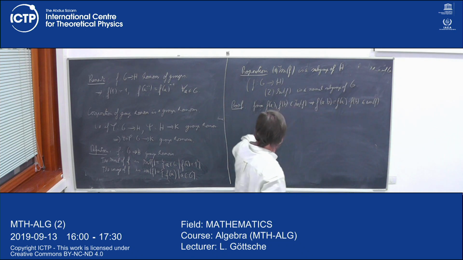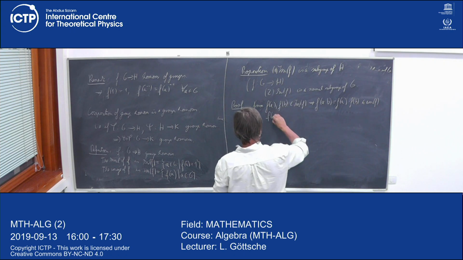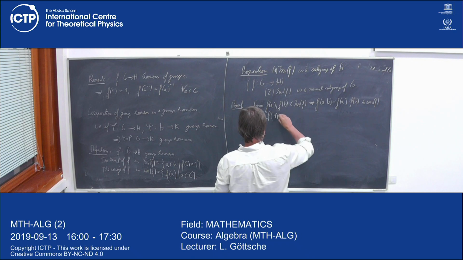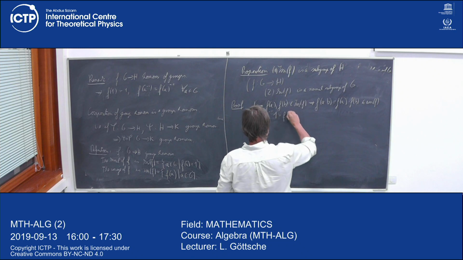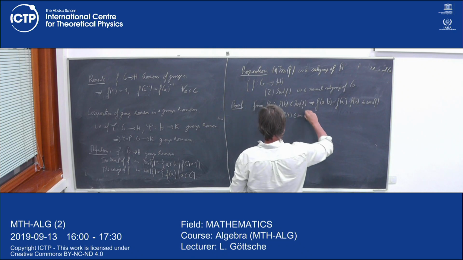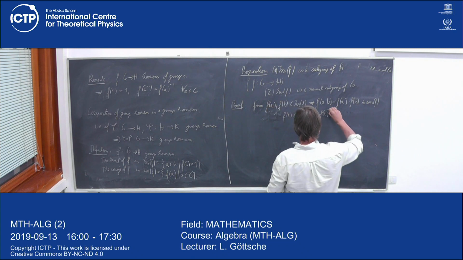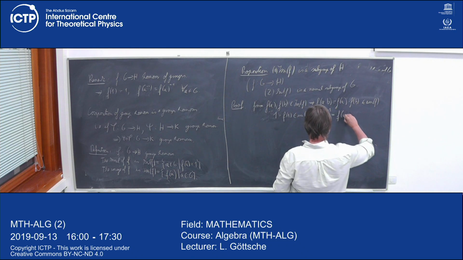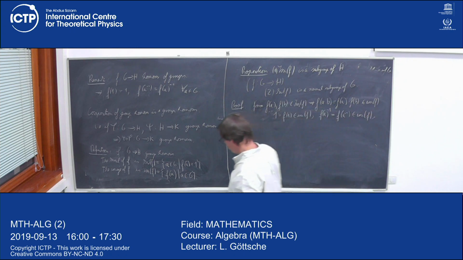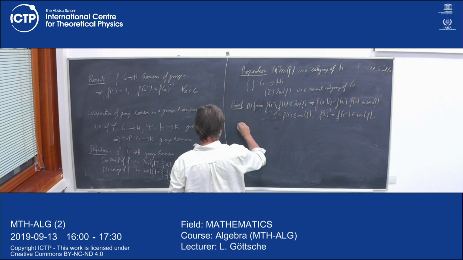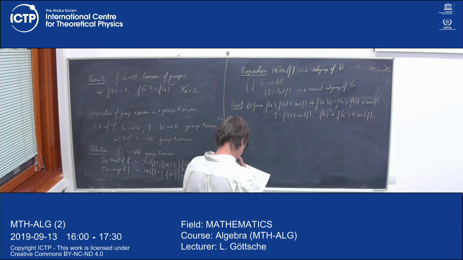So any two elements have their product in the image. Also 1, which is equal to f of 1, lies in the image of f, and f of a to the minus 1, which is by what I said f of a to the minus 1, is also in the image of f. So here there's nothing we need to check, and the other one is almost as simple.